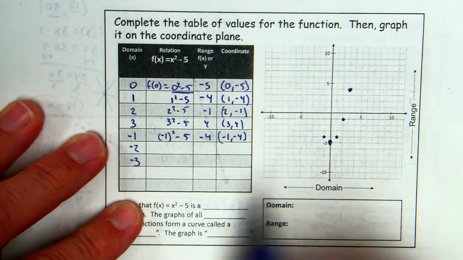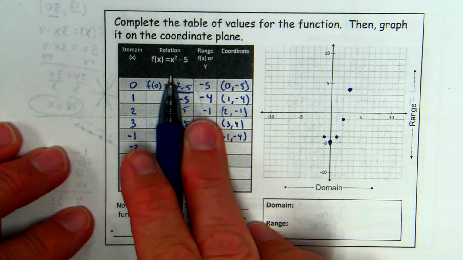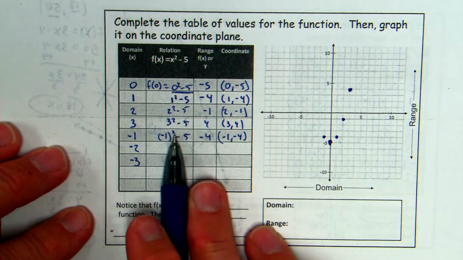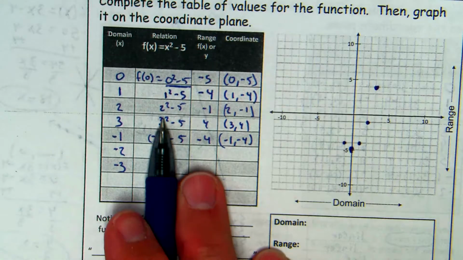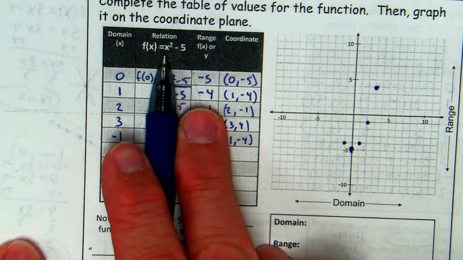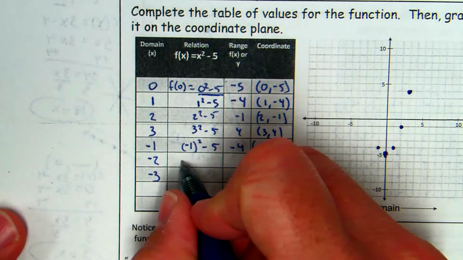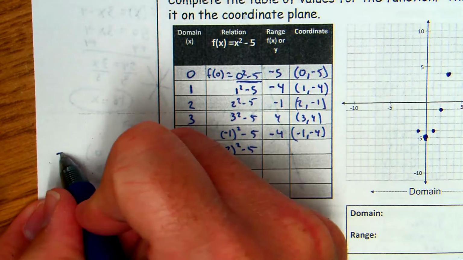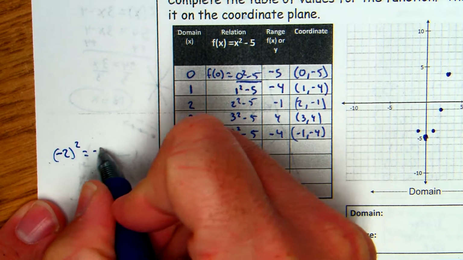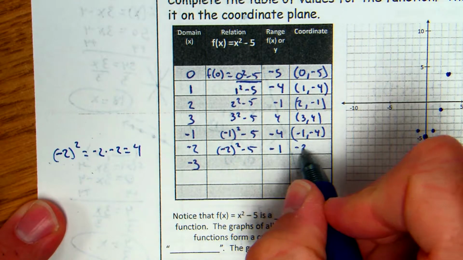I am going to pause for just a second. Make sure if you plug a negative value in for x that you put that negative value in parentheses. Keep in mind that all of x gets squared and the negative sign is part of your answer. Some people may be wondering, why does that make such a difference? Well, when I do (-2) squared minus 5, over here in the margin, (-2) squared is -2 times -2, which is +4 minus 5 is -1.